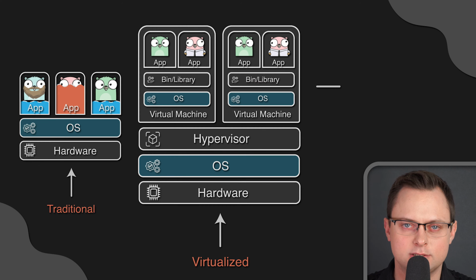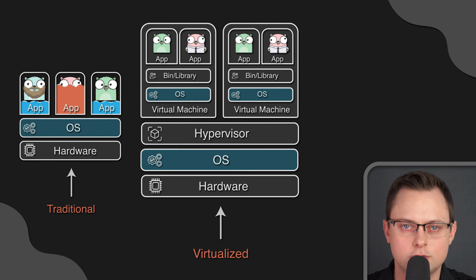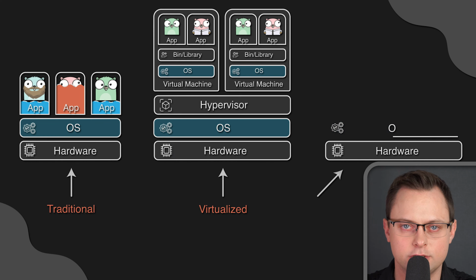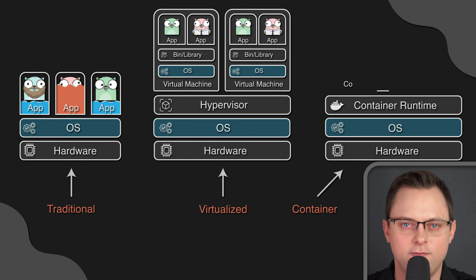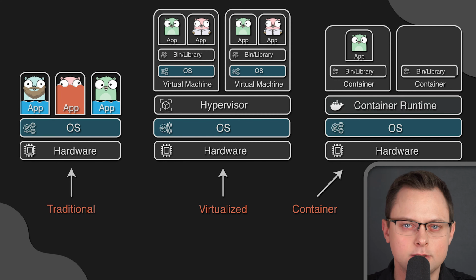The problem with this approach is that VMs are full machines that include operating systems, which means there is a significant cost associated with running the VMs themselves. To solve that, containers were introduced. Containers are lightweight VMs that share the same operating system while still providing isolation between applications.